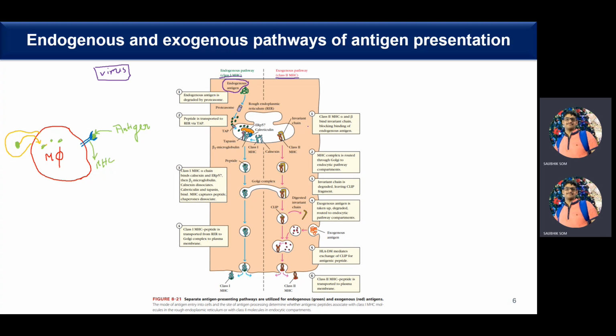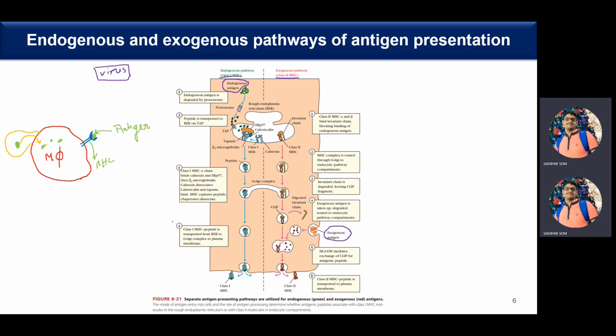And class 2 is where there is an exogenous antigen. Sorry, the class 2 pathway is mainly responsible for presenting the exogenous antigen. As you can see, this is the exogenous antigen for class 2.